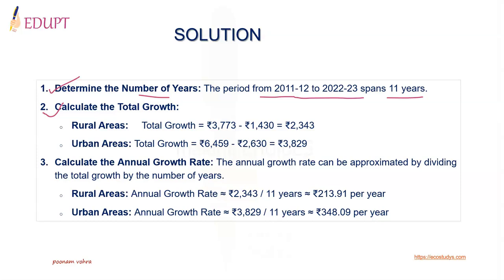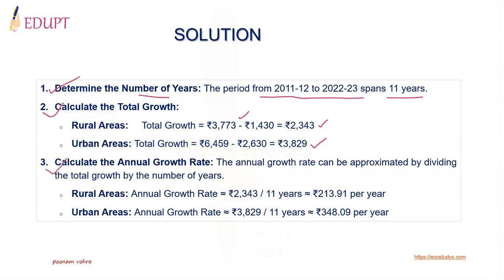In rural areas, the growth is the difference between the new and the old consumption expenditure, which is 3,773 minus 1,430, that is the difference of 2,343 rupees. Whereas in urban areas, personal consumption expenditure has increased by 3,829 rupees. Following the same method.